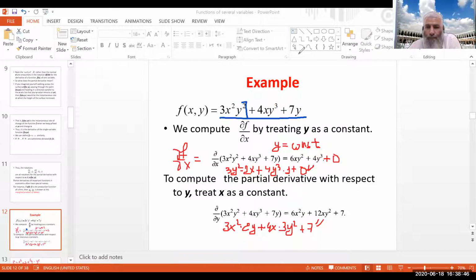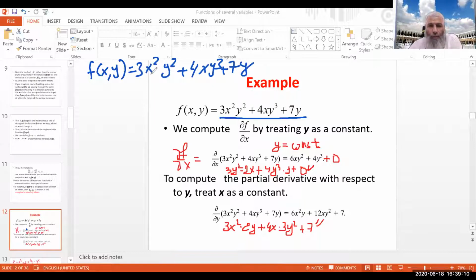So here x is a variable and y is constant. So if I have f(x, y) equals 3x squared y squared plus 4xy cubed plus 7y.